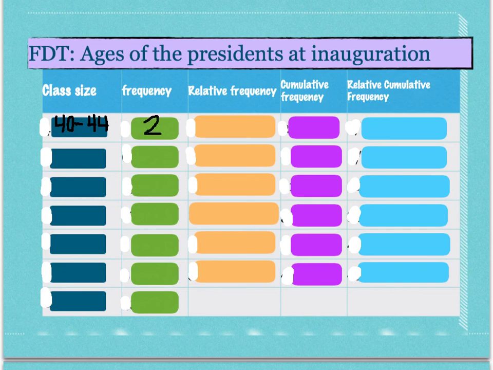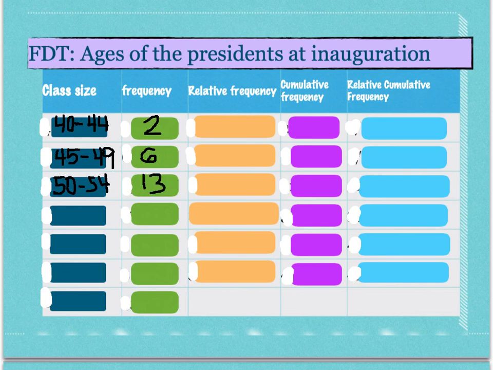The next class is from 45 to 49, and within that range, I have 6 presidents. And remember, from 40 to 45 is the 5, and that's our class width. And the next class is from 50 to 54, and within that range you have 13 presidents.